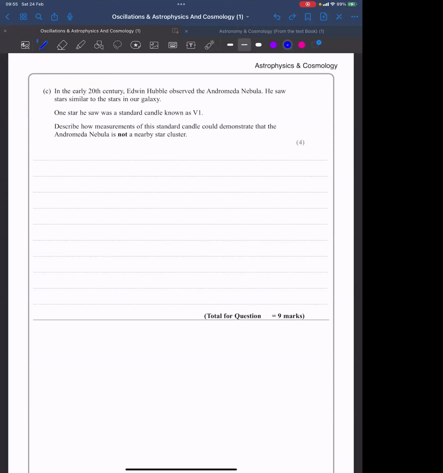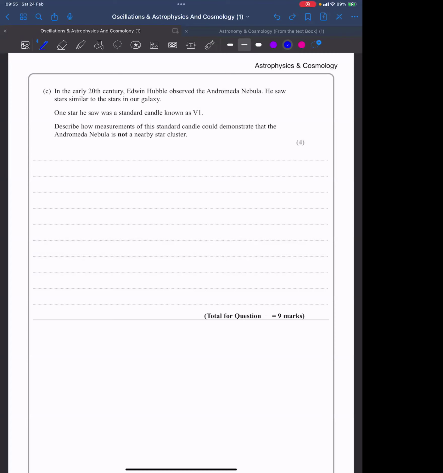In the early 20th century, Edwin Hubble observed the Andromeda Nebula. He saw stars similar to the stars in our galaxy. One star he saw was a standard candle known as V1. Describe how measurements of this standard candle could demonstrate that the nebula is not a nearby star cluster.